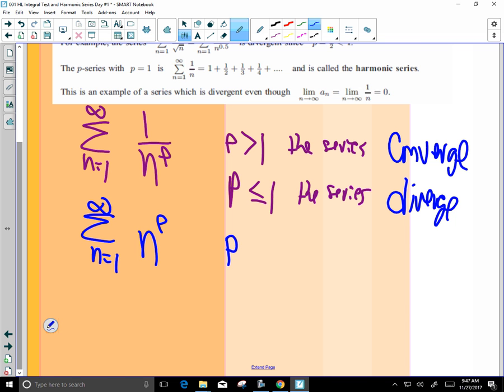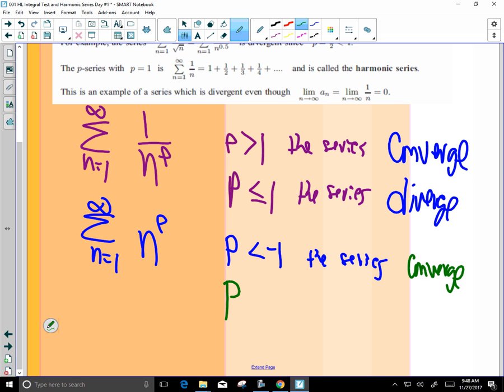Turn to your neighbor and tell them what they think. So this is going to converge when p is less than -1. The series is going to converge, because if this is negative, it would go down here in the denominator, and then it's got to be less than that to get -2, -3, -4.